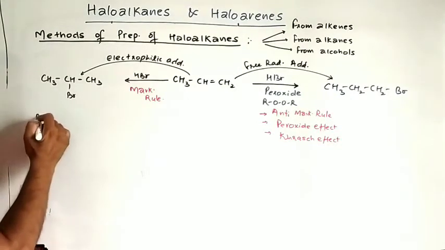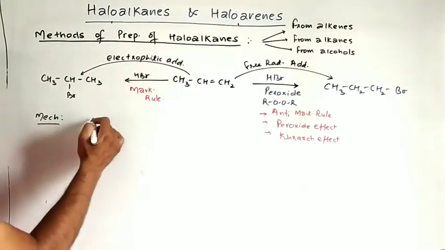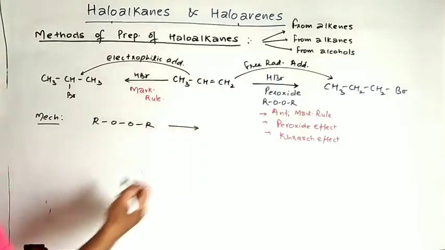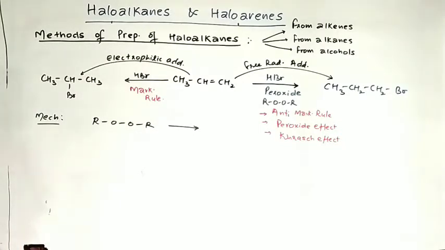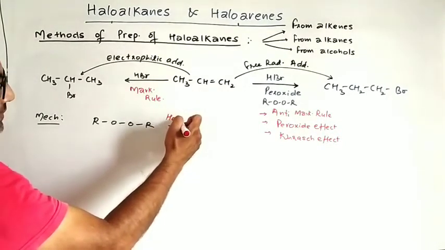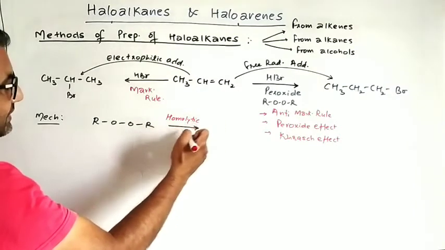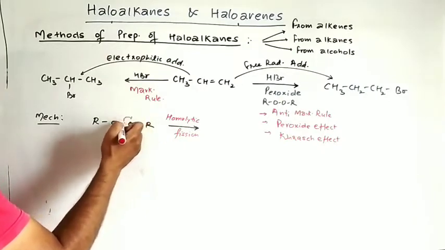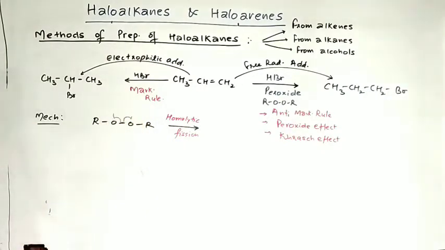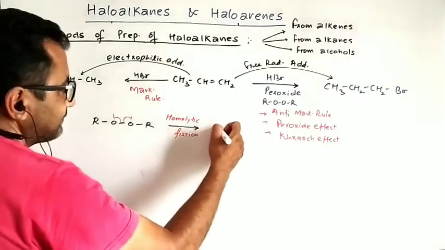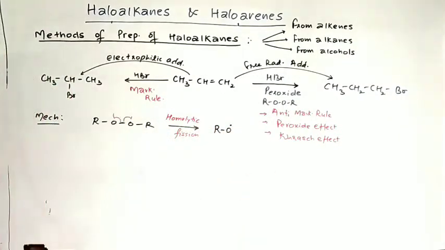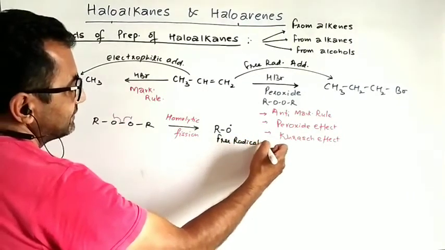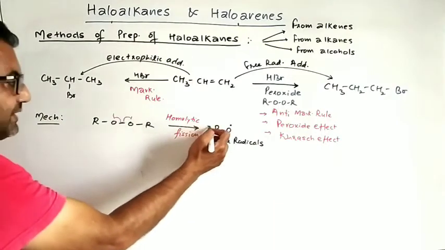So what is the mechanism of this anti-Markovnikov rule? Any peroxide undergoes homolytic fission, and we call it homolysis. And when there is a homolytic fission, one electron each, it produces free radicals. Two free radicals are produced.